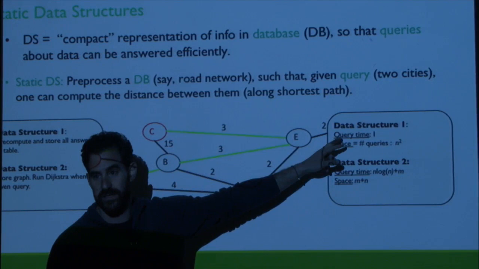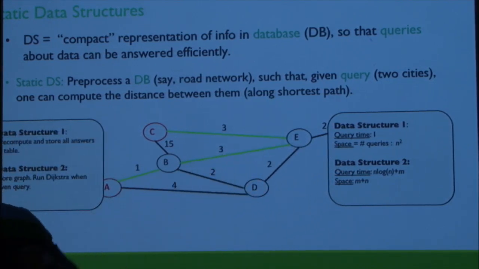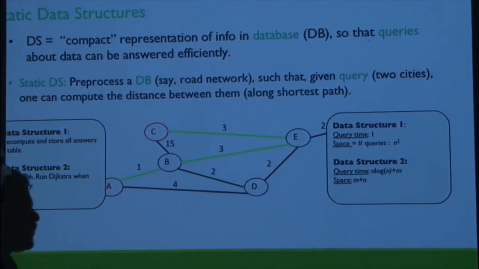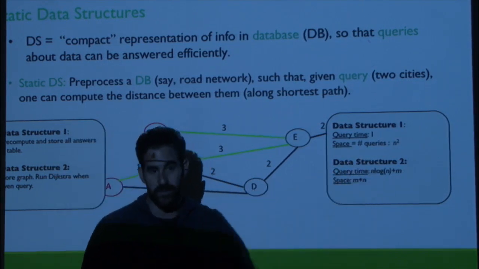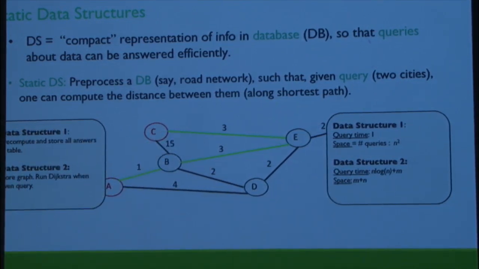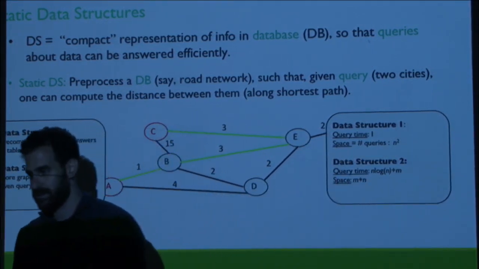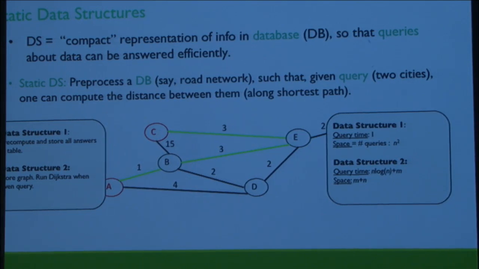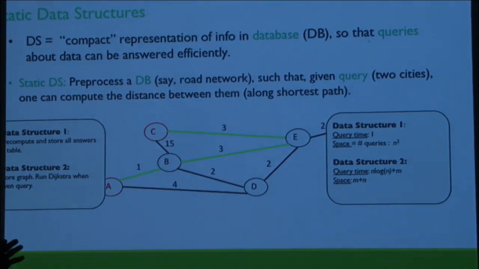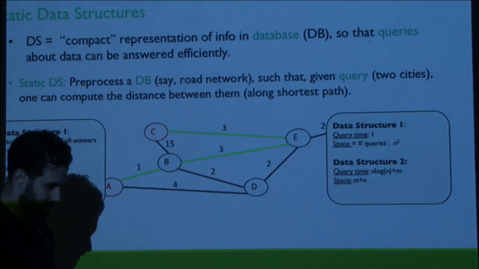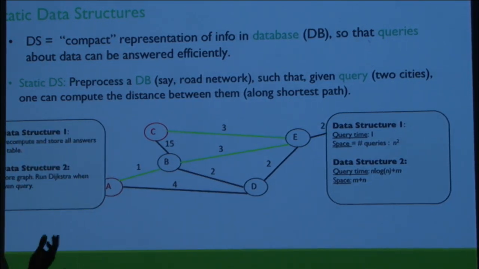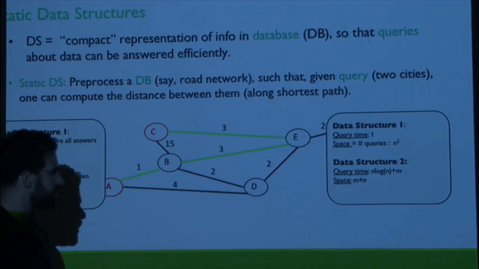Of course, the query time in this case is amazing. It's just one probe. The problem is that we need to store the entire truth table, and the number of queries is usually polynomial in the size of the database. Here it's just n squared pairs, but this can be n to the 100 usually. That's the interesting regime, and also the more realistic case.